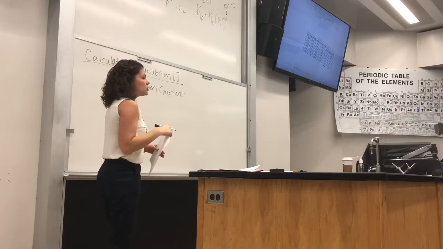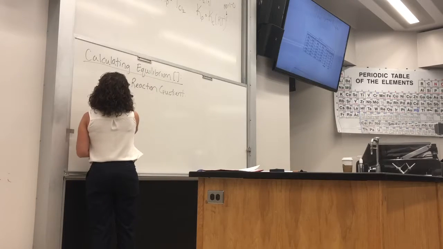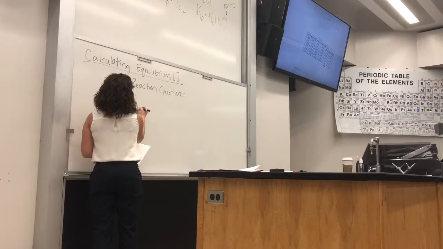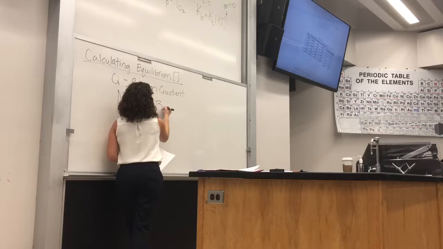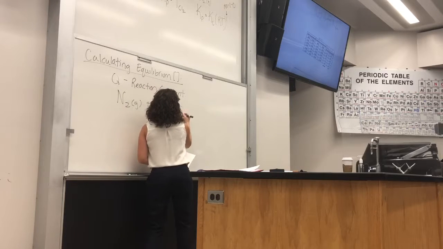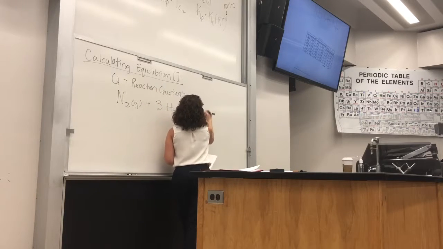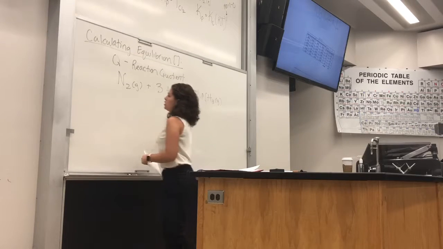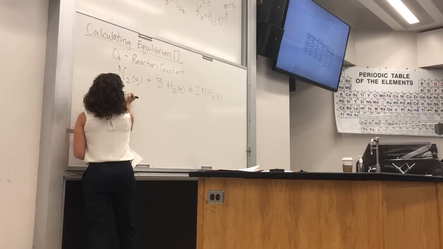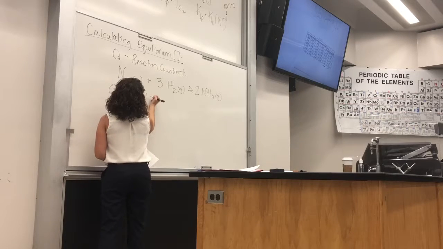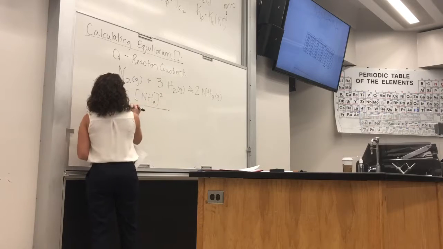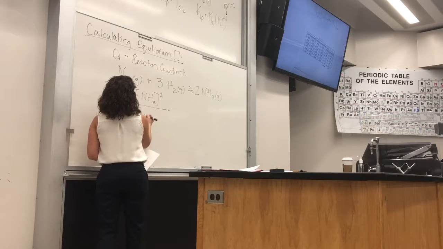In terms of expression, let's use our N2H2 reaction. Q has the same expression as K: concentration of products raised to their stoichiometric coefficients divided by concentration of reactants raised to their stoichiometric coefficients.